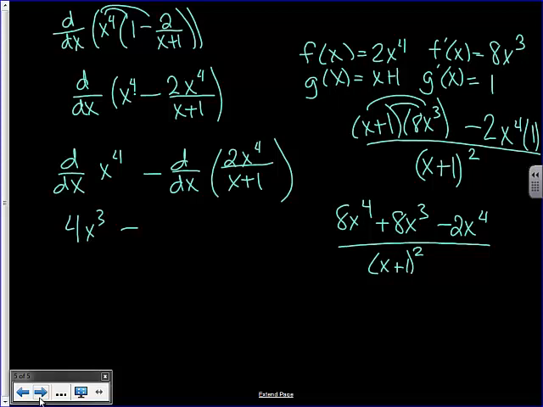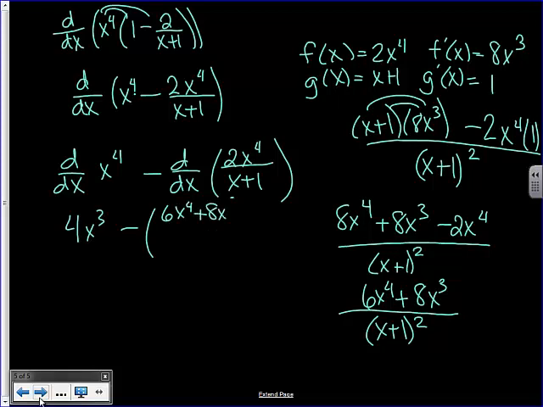Well, combine those together and I have 6x to the fourth, 8 minus 2, plus 8x cubed all over x plus 1 squared. Combining all that together, 6x to the fourth plus 8x cubed all over x plus 1 squared. And you are completely finished.